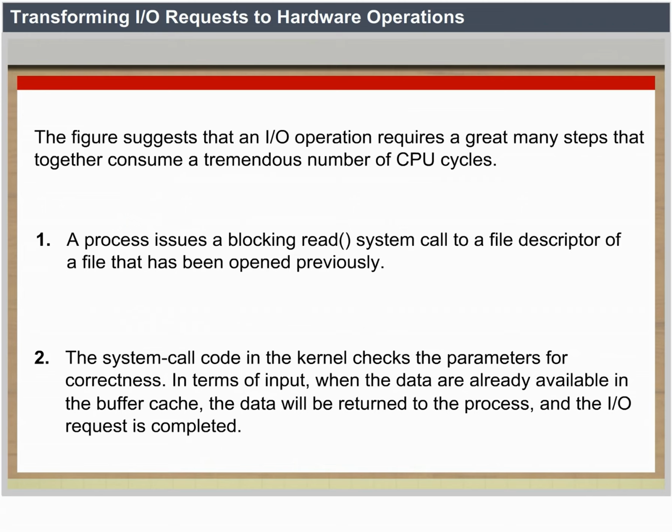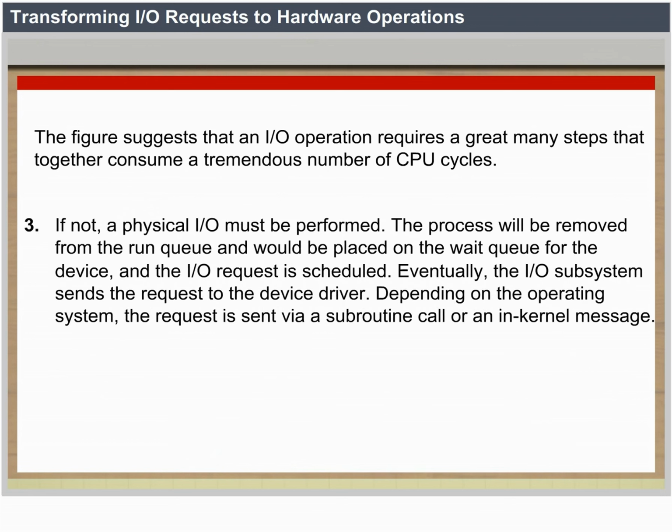The process is removed from the run queue and is placed on the wait queue for the device, and the input-output request is scheduled. Eventually, the input-output subsystem sends the request to the device driver. Depending on the operating system, the request is sent via a subroutine call or an in-kernel message.